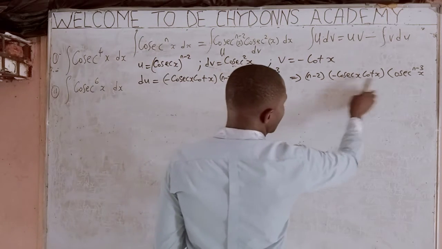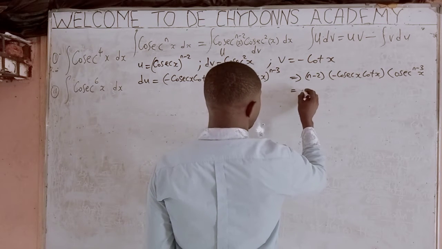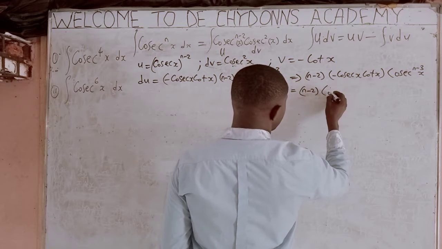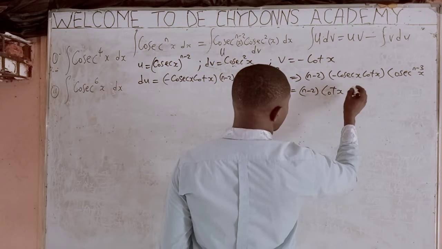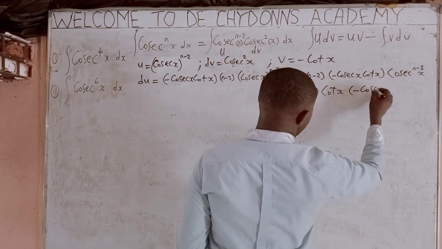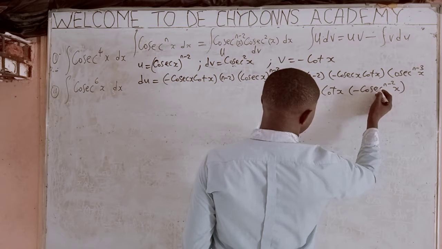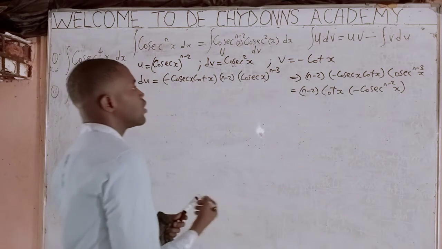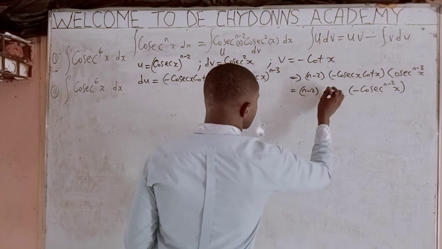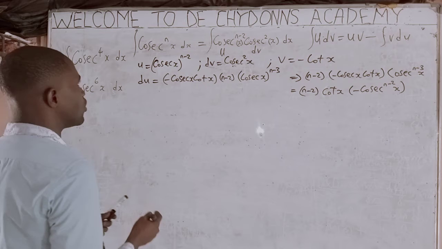Because we have cosec x, these multiplying give us (n minus 2) cot x times minus cosec^(n-2) x. Okay, that is our du.